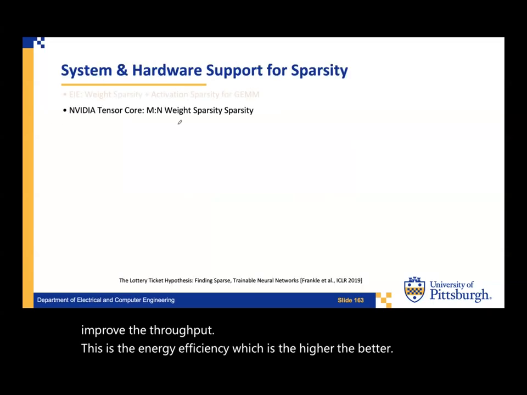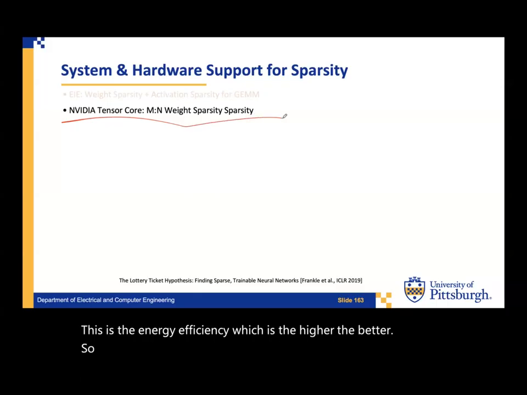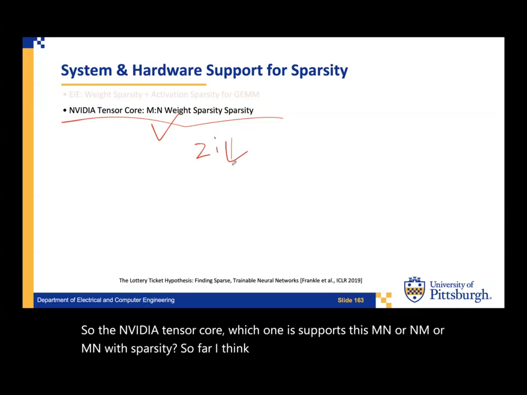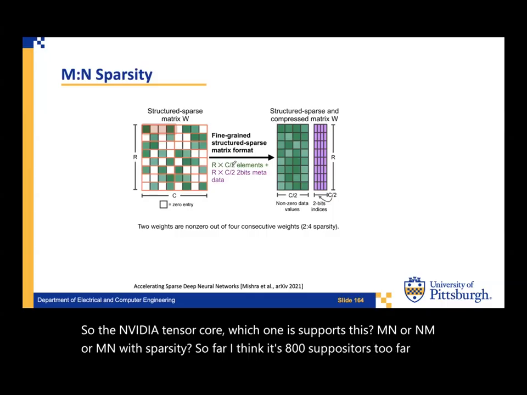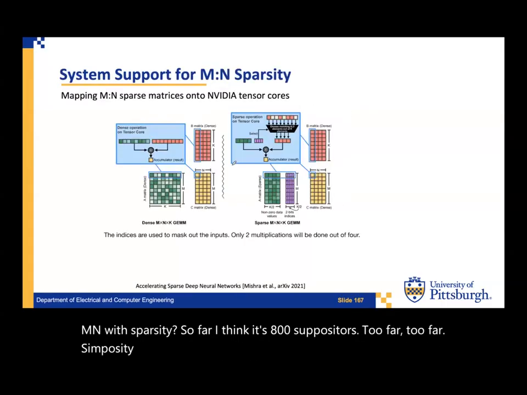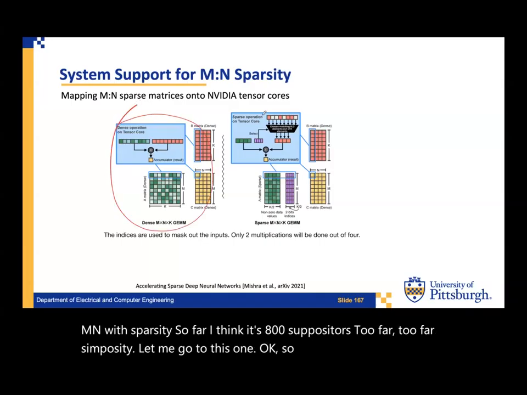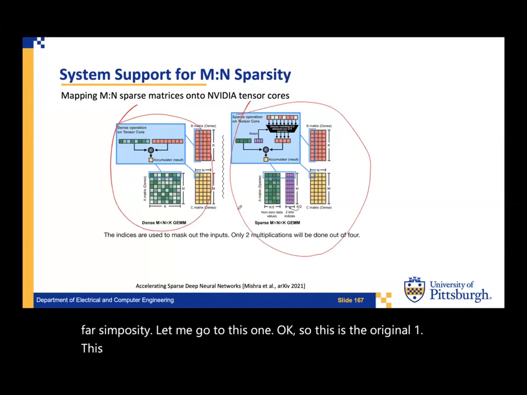The NVIDIA Tensor Core supports N:M sparsity. So far, I think the A100 supports 2:4 sparsity. Let me go to this one. This is the original design, and this is the new design to support the sparsity.